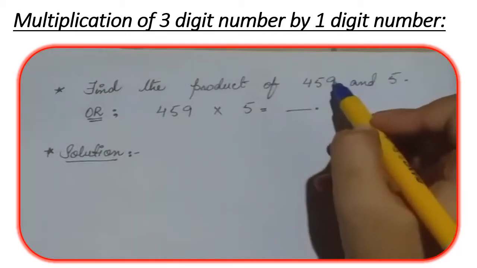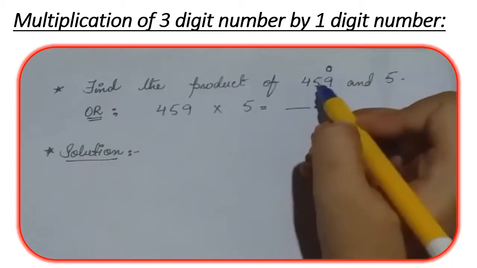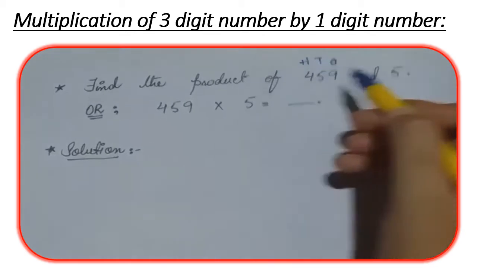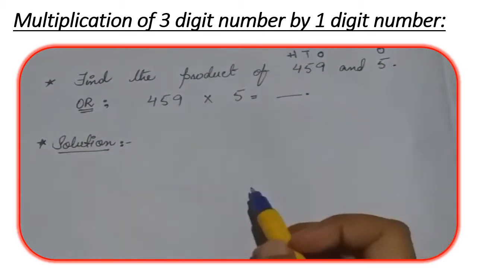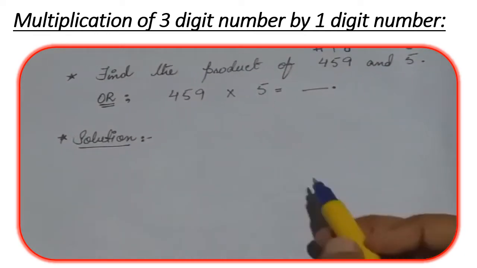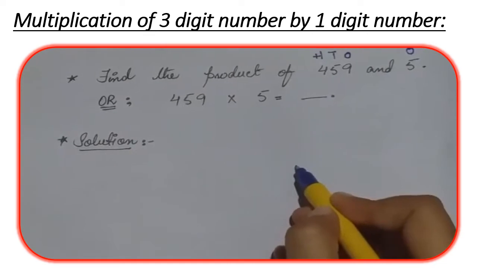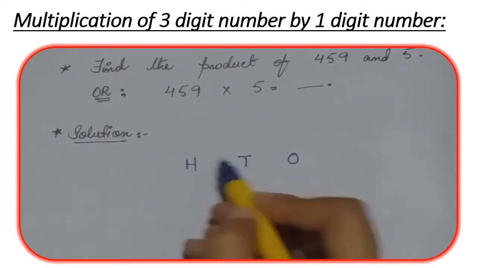So let's start. 9 is in the ones place, 5 is in the tens place, 4 is in the hundreds place, and here 5 is in the ones place. Now again in the solution we will start by writing the place values: ones, tens, hundreds.